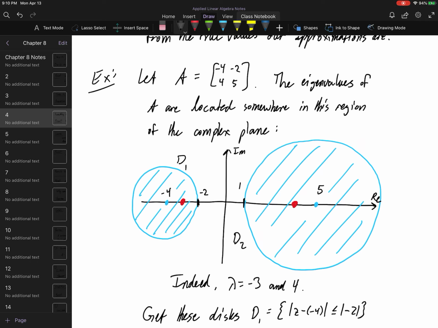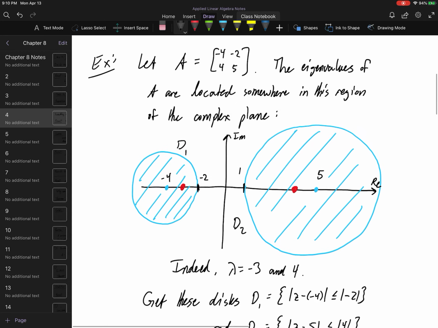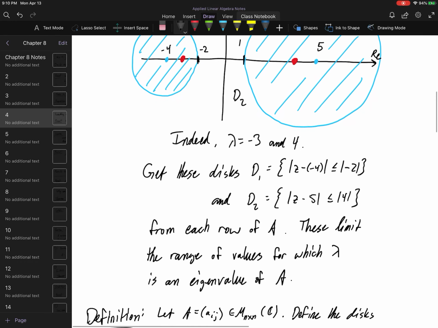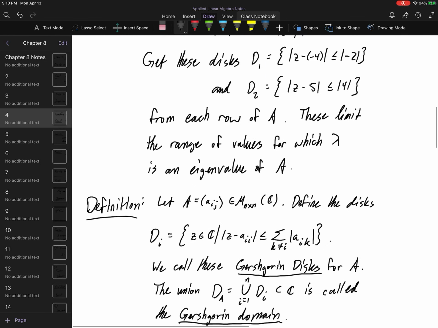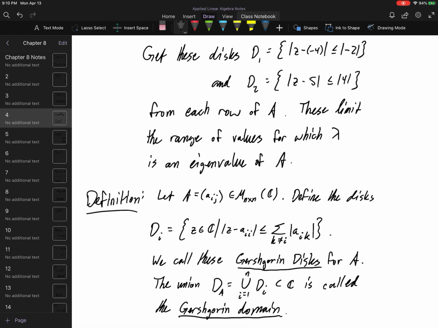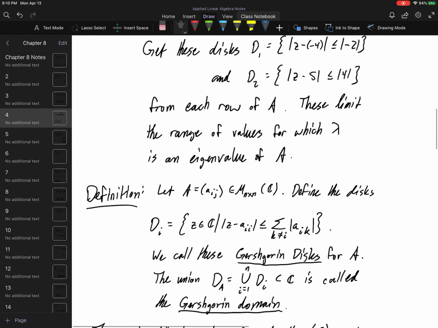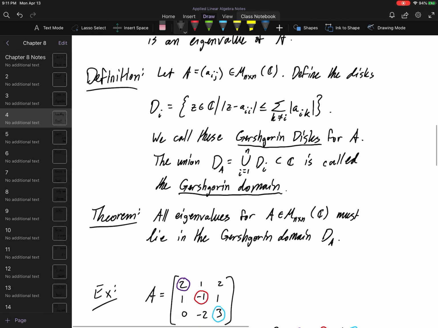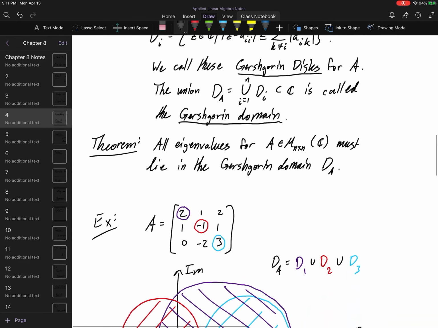We take the center of each disk to be the diagonal element in each row, and then for each row, we get the bounding radius by summing up the absolute values of the remaining entries in that row. And these disks are called Gershgorin disks. And the union is going to be called the Gershgorin domain for the matrix.